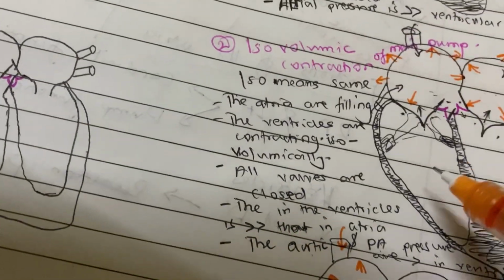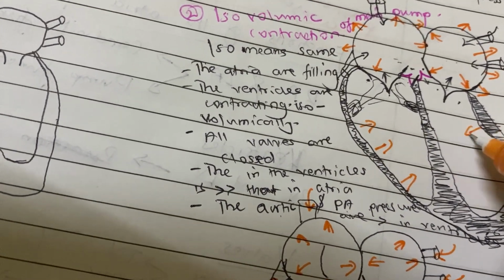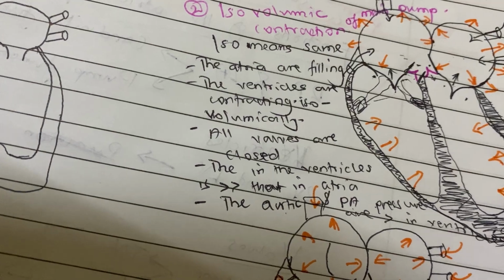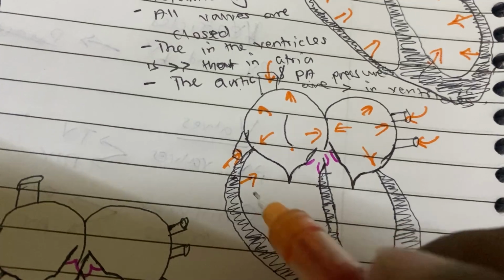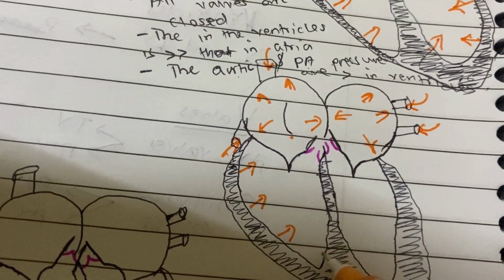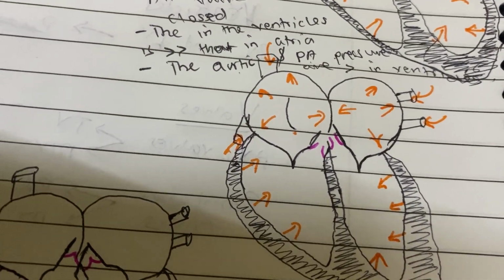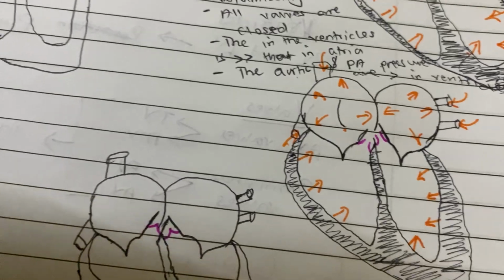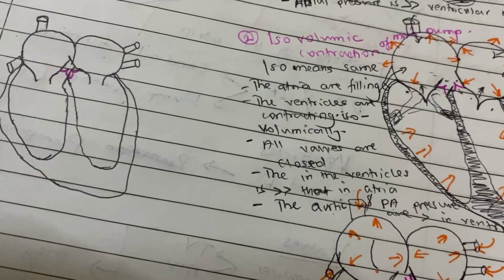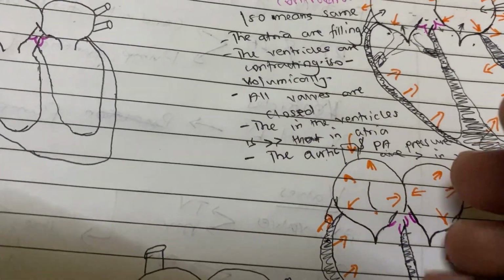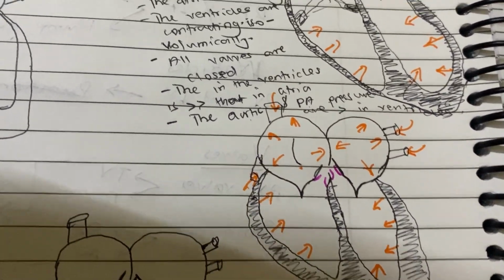Here I'm indicating the ventricles are contracting with these arrows. Same here. They are contracting. And what is different is semilunar valves are open but atrioventricular valves closed. This one is phase 3.